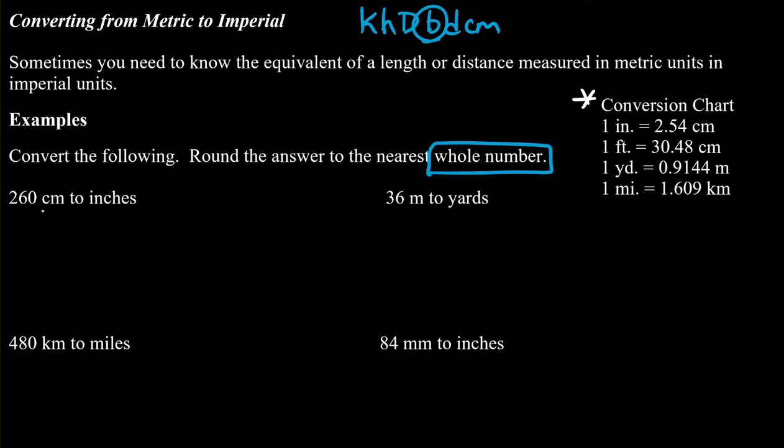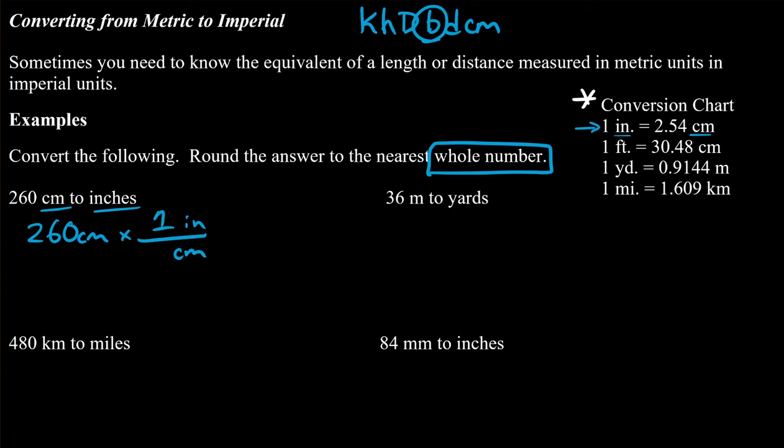So let's make 260 centimeters into inches. Can we, I'm asking, can we go straight from centimeters to inches? Well, yeah, there's a relationship here that goes from centimeters to inches. So let's try that out. 260 centimeters, and I want to turn it into inches, and I want to get rid of centimeters.